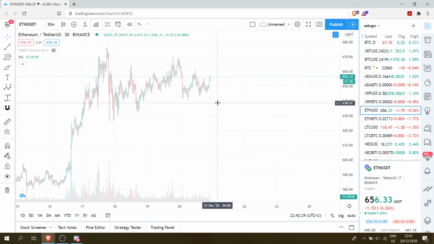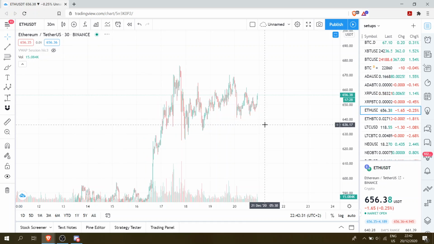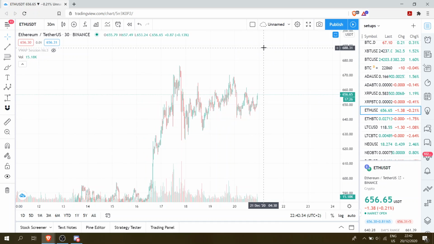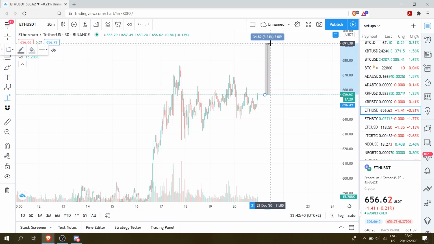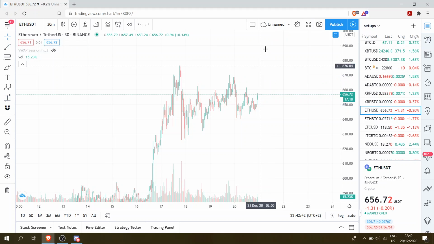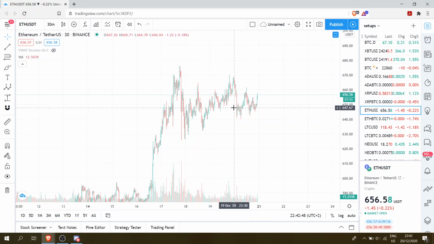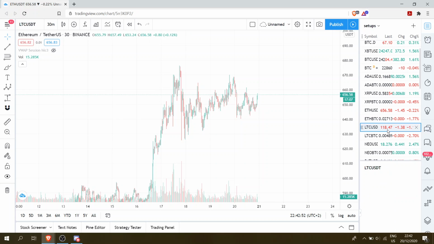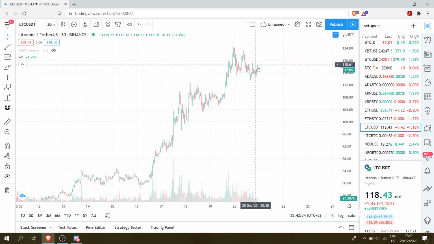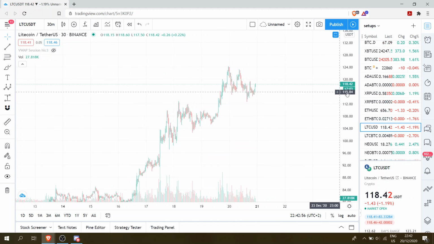I'm interested in Ethereum longs as I see this possibly breaking up, and you can make an easy 5 or 6% on this one. So a very good long here on Ethereum. Of course, stop loss below this low right here. Litecoin also the same. We could see a breakout very soon.